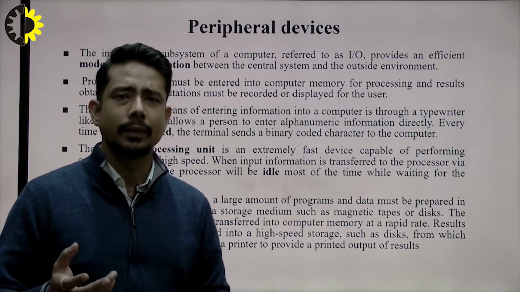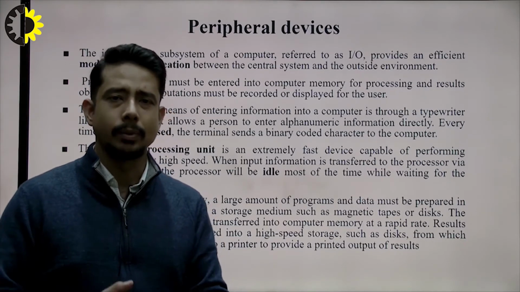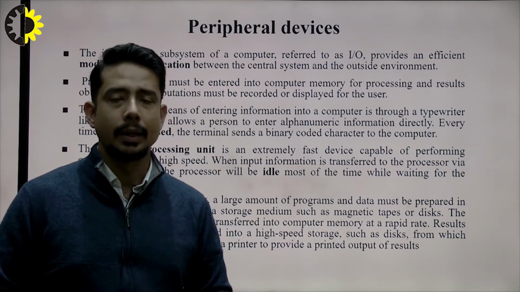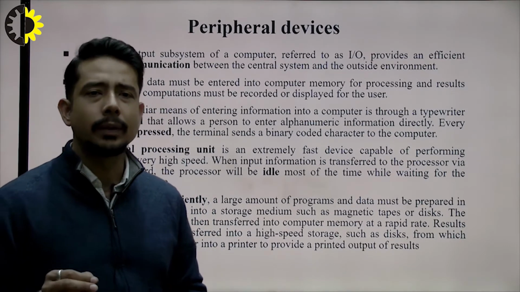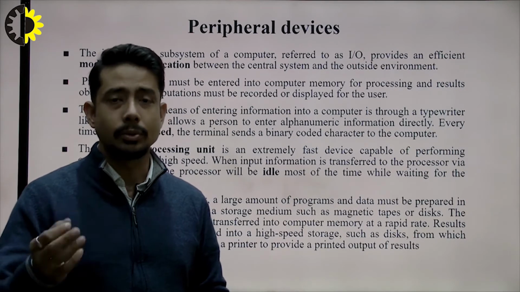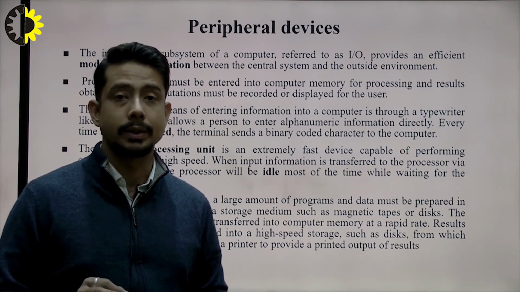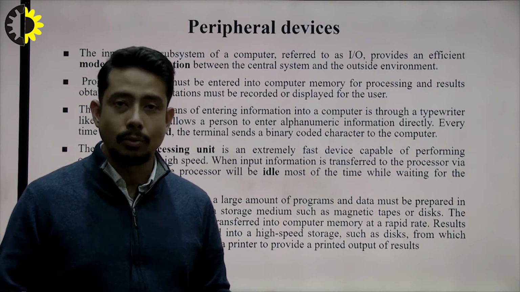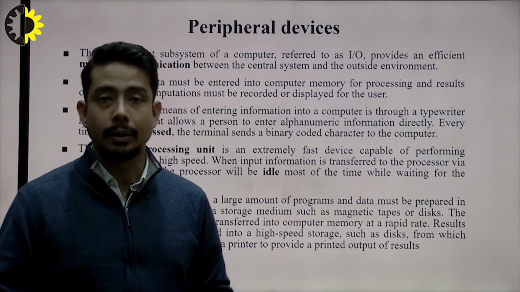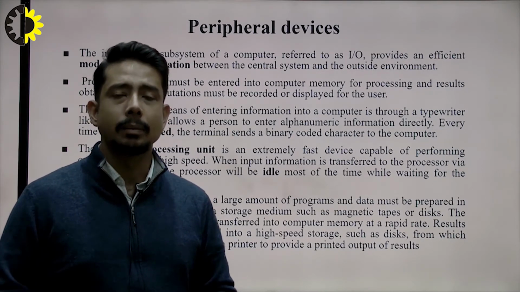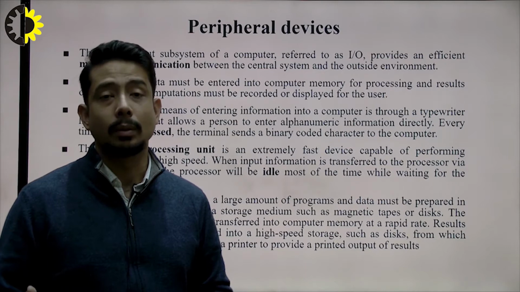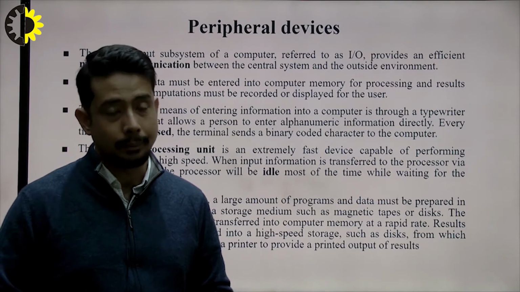You can directly say they are input output devices only. The most commonly used peripheral devices, or input output devices, are keyboards, mouse, printer, and monitor. These are the most familiar, most commonly used input output devices, correct?